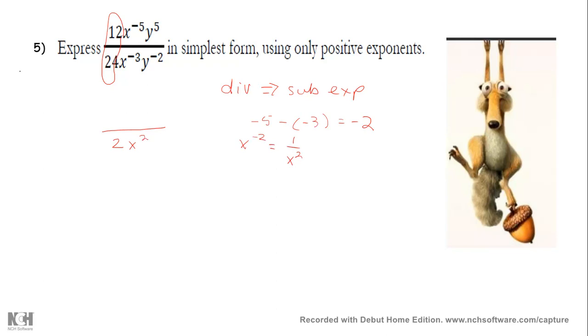All right, now I'm on the y's. The y's, I have 5 minus negative 2 as my exponents, and that equals 5 plus 2, which is 7. It's a positive, so I'm going to put my y to the 7th power on top. And that is my answer.